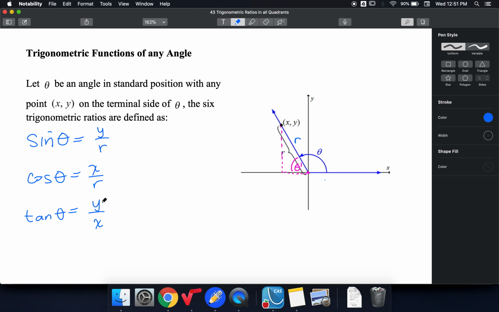All right, so here we've got 3 trig ratios. The other 3 are the reciprocals of these. The reciprocal of sine, where it's easier to see the opposite side, is r over y. We call that the cosecant of theta.